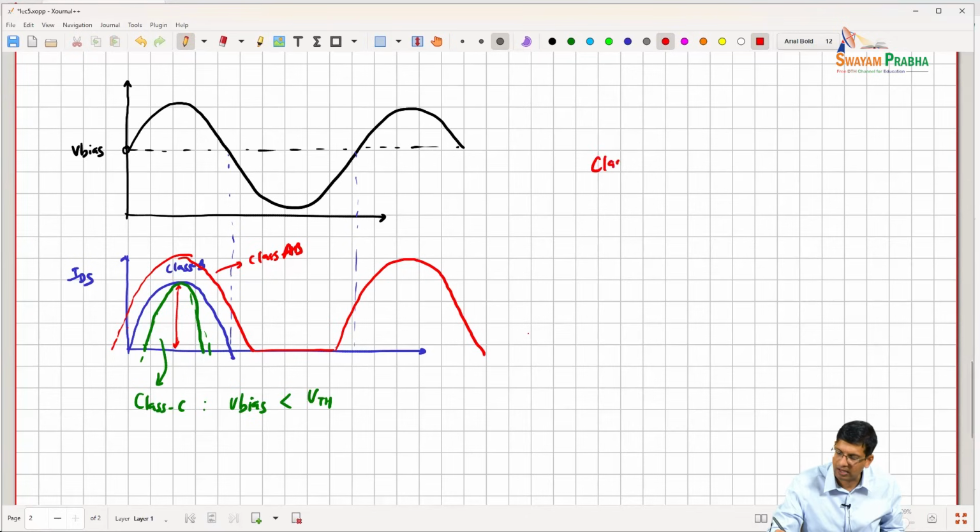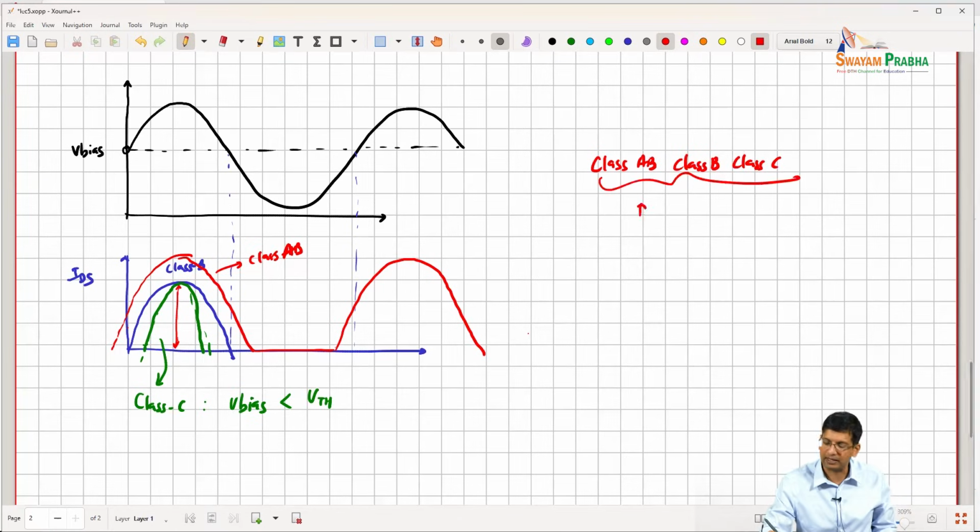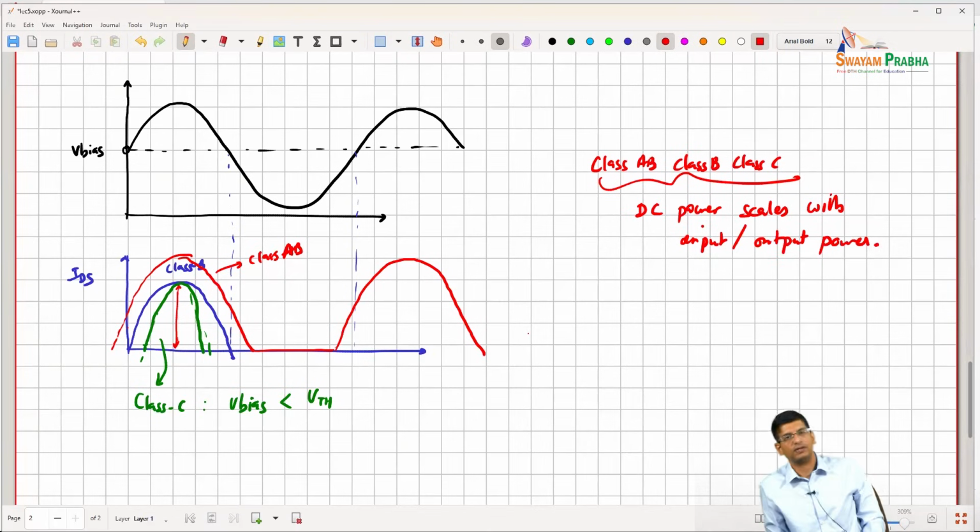So class AB, class B, class C, all of them, DC power scales with input and hence output power, which is a useful thing from a power amplifier perspective.